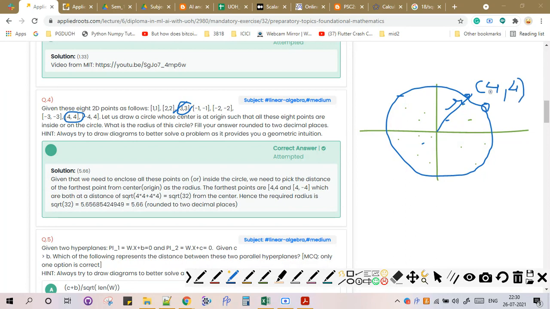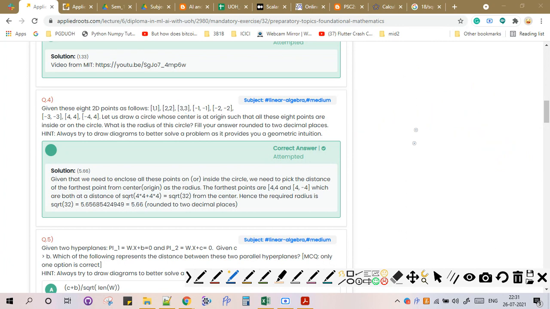We can calculate it easily: (4 minus 0) squared plus (4 minus 0) squared, under root. 4 squared is 16, plus 16, so the square root of 32 is the answer, which is 5.66. I guess you got the idea. We just need to understand which point is at the highest distance, the farthest from the origin, because we need to draw the circle which encompasses all the points.